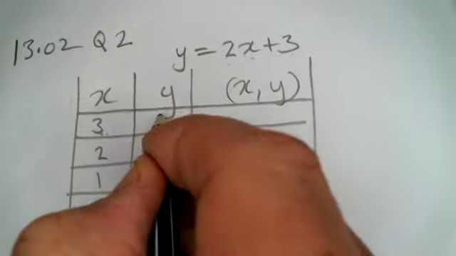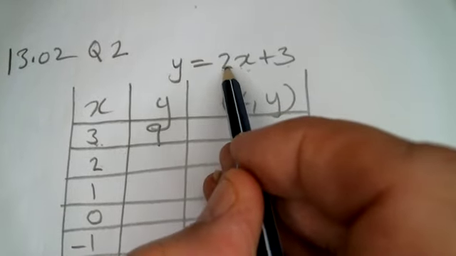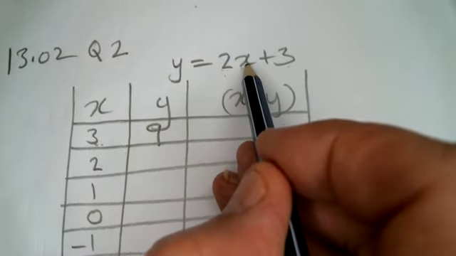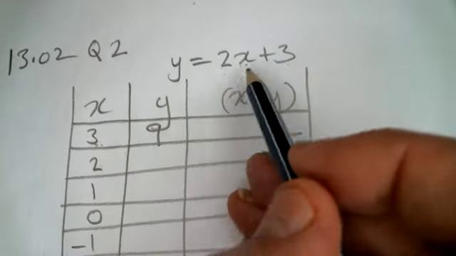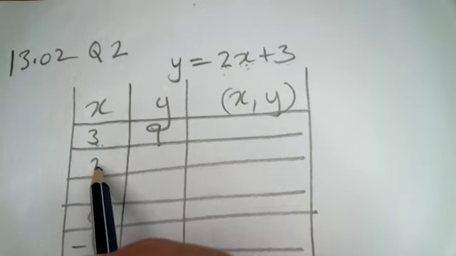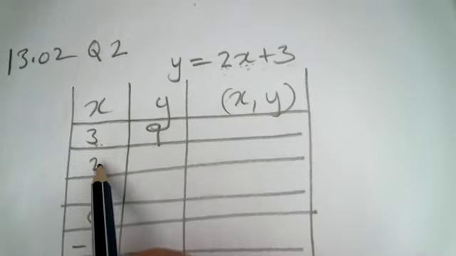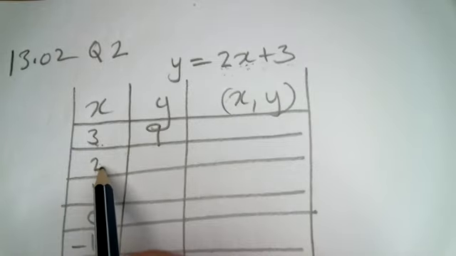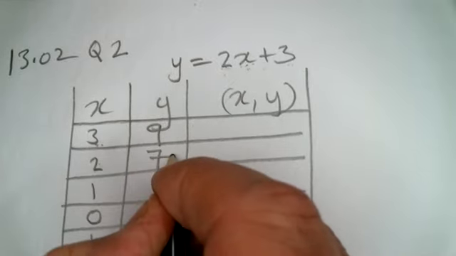So here is my first point. Next one is 2 times 2. So I've got a 2 here, 2 times x, x is 2, so it's 2 times 2, which is 4, plus 3 is 7. So I'll write my 7 here.